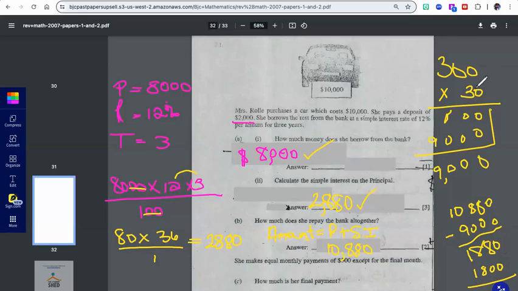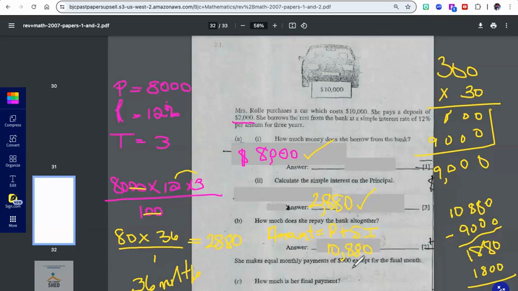So that means that I would have 30 and 6, so that'll be 36 months that she would take to pay this back.